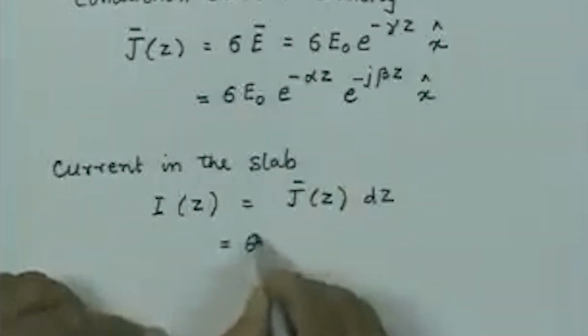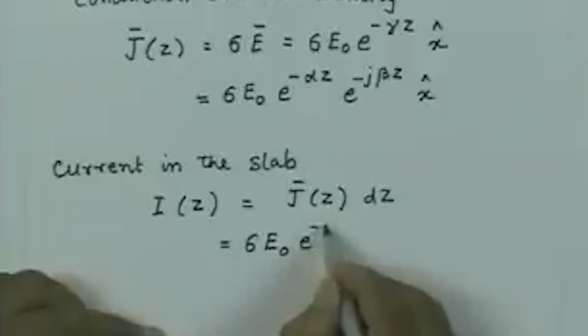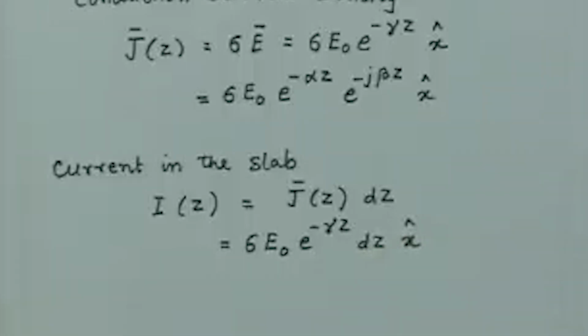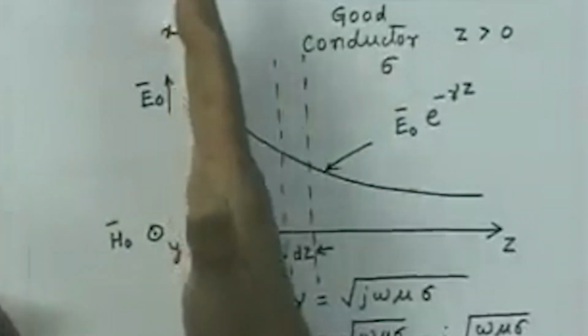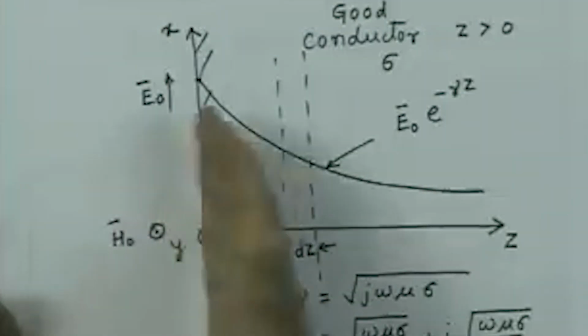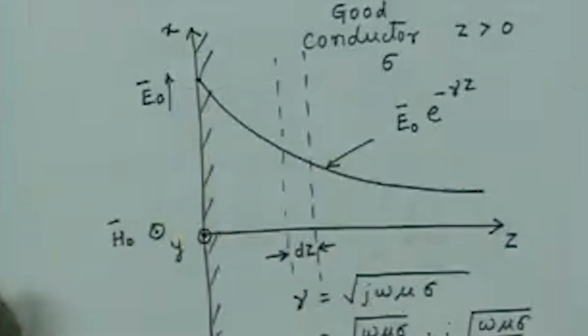So, substituting into this, this will be sigma E0 e to the power minus gamma z dz in the x direction. Then, as we mentioned, now we want to find out what is the current which is flowing under the area which is unit area in this. That means, per unit length in the y direction, how much is the total current flowing under this surface. So, we integrate this in the z direction.